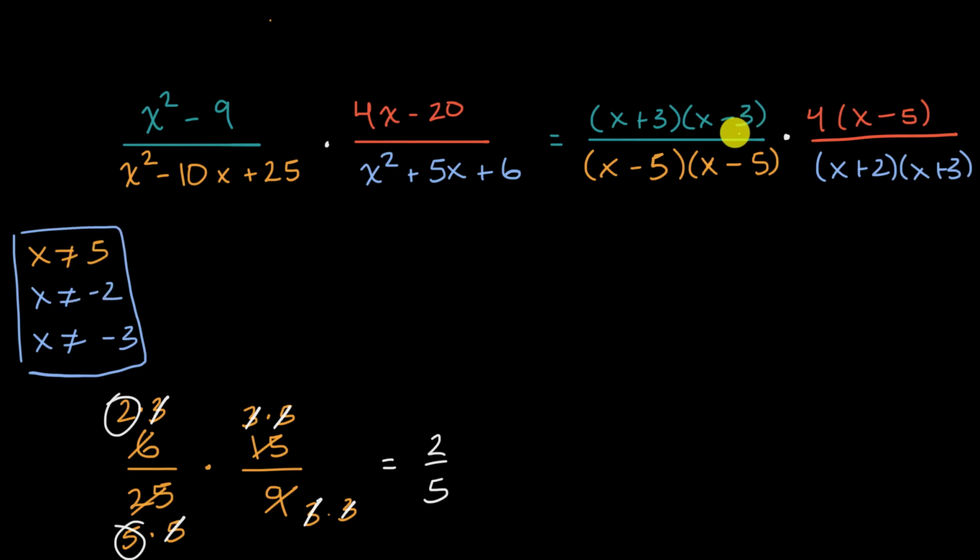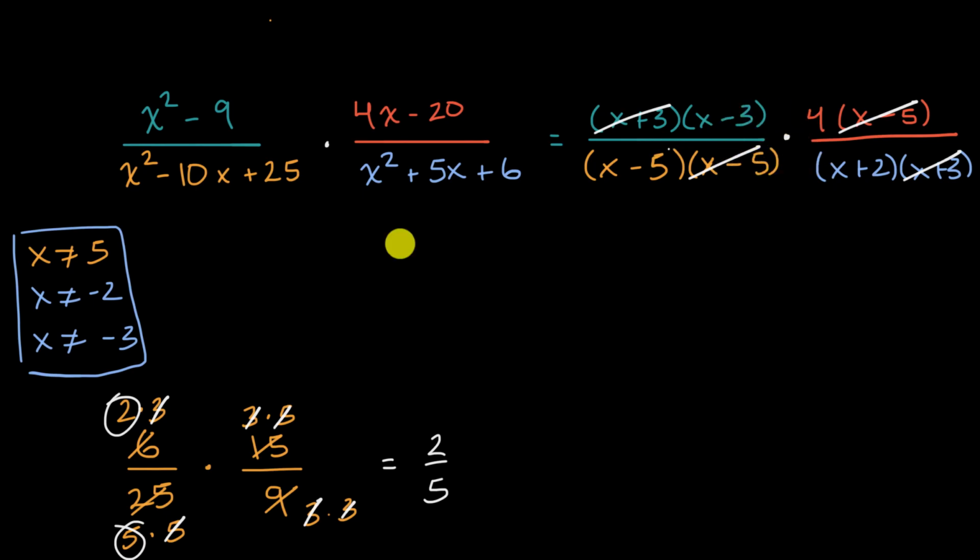With that out of the way, now we can reduce to lowest terms. We have an x plus 3 in the numerator, x plus 3 in the denominator, x minus 5 in the numerator, x minus 5 in the denominator. And I think we've gone about as far as we can.